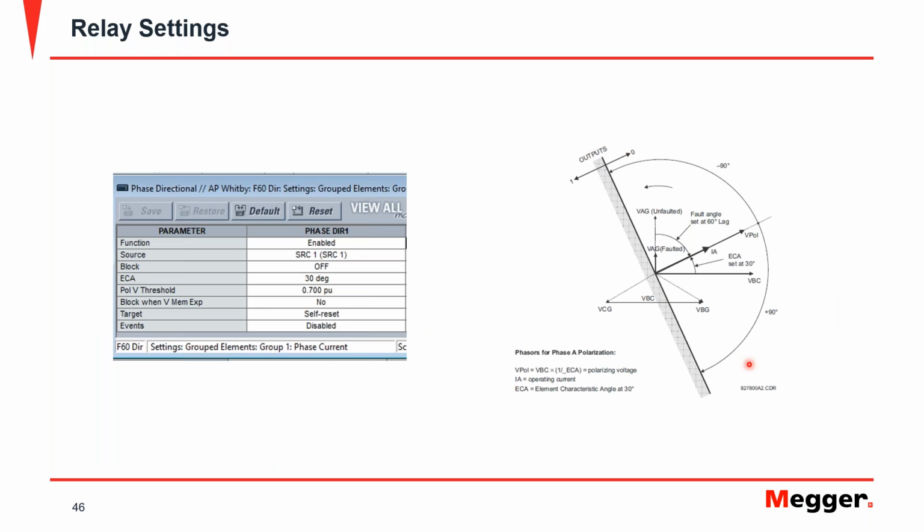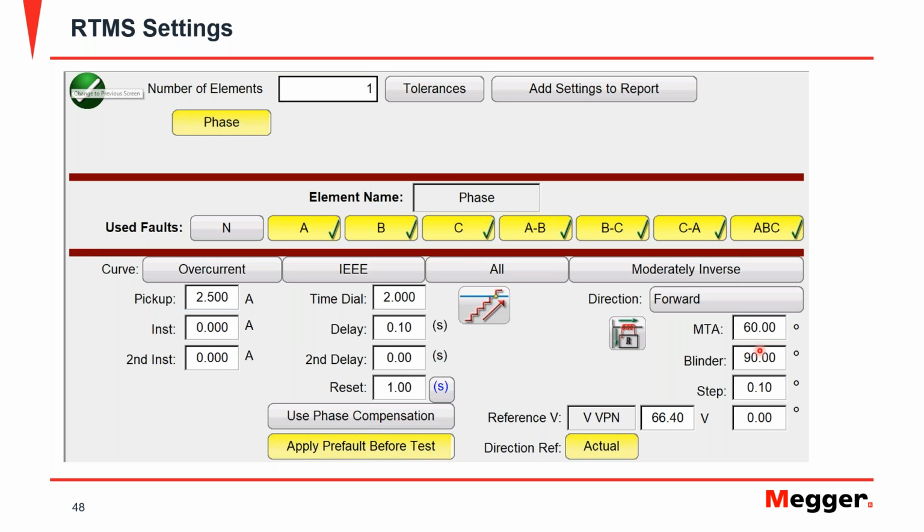Other things that I configured: blinder, in this case at 90 degrees. I have no setting here for blinder, and what that tells me is that I have to configure my angle here at 90, which is plus minus 90. That's what this number here means.